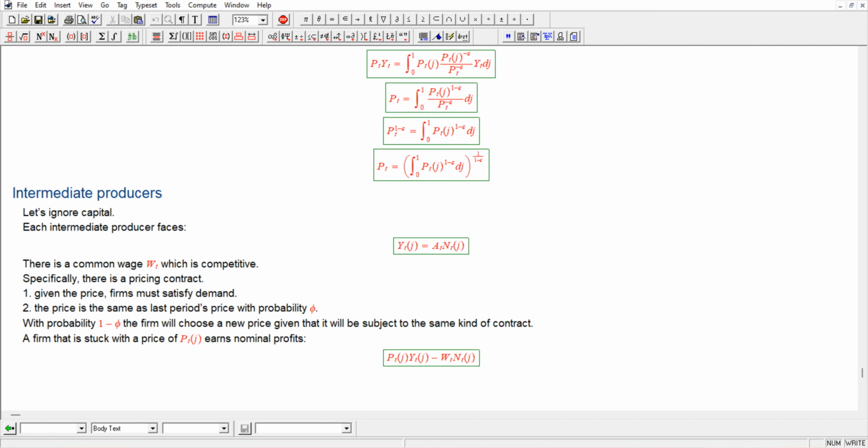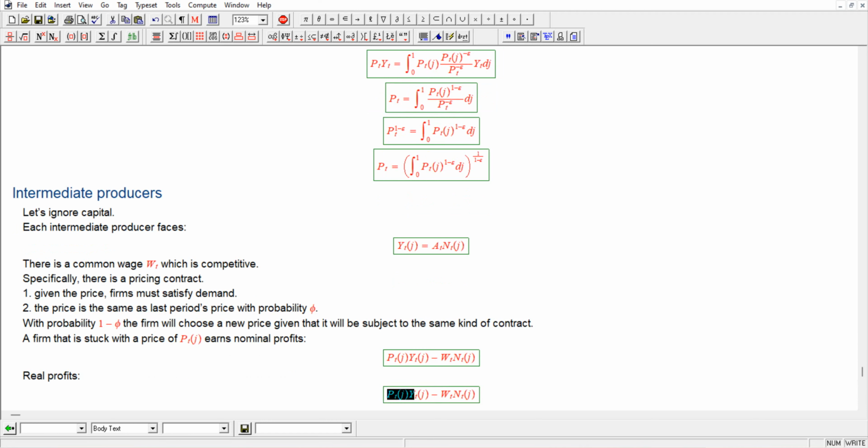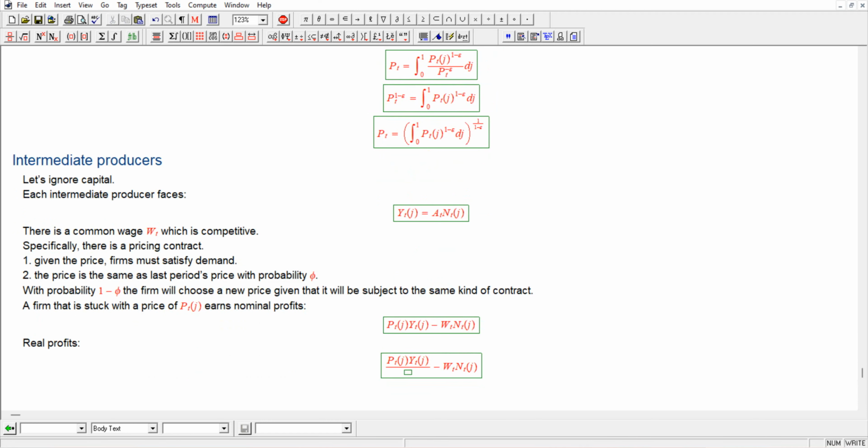But we are interested in real profits. So real profits will be the same thing deflated by the price index.